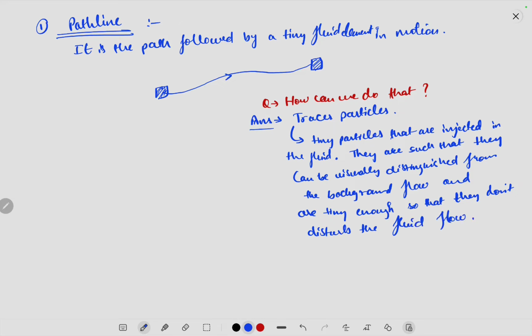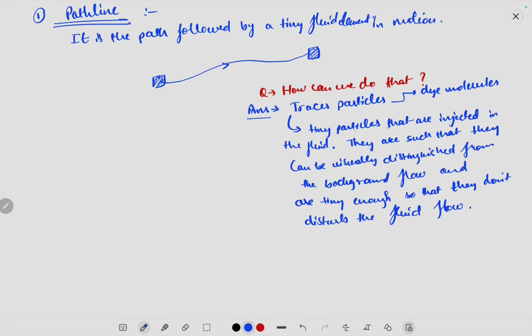Okay, so we inject tracer particles inside our fluid, and these tracer particles can be like some dye molecules. These are tiny enough so that they don't disturb your fluid flow and can be visually distinguished from the background flow.